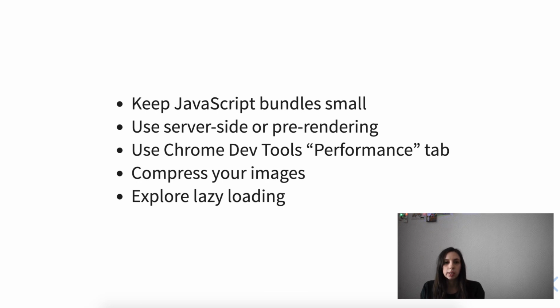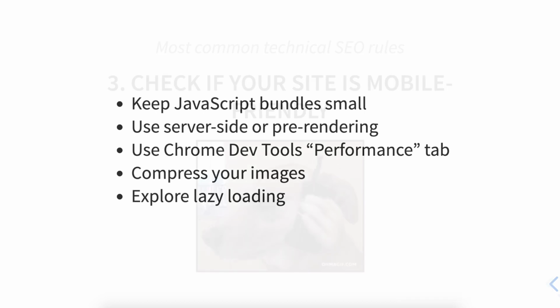Use server-side or pre-rendering to improve site speed, user experience, and crawler accessibility. Use Chrome DevTools Performance tab to test your runtime performance and network routing to simulate different device capabilities.